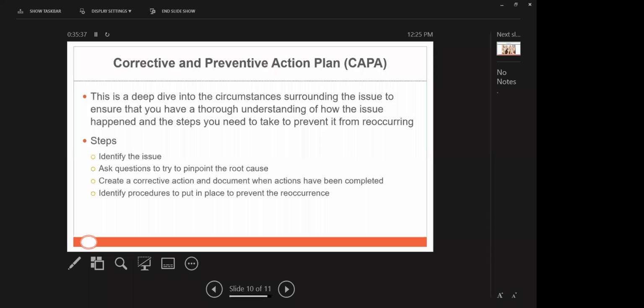So some of the steps here is obviously identify the issue, have a clear understanding. You want to ask questions to try and pinpoint the root cause. A lot of times this is called a root cause analysis. And one technique that we like to use is to ask yourself 5 whys. So why did this happen? And then depending on the answer there, okay, why could that have happened?